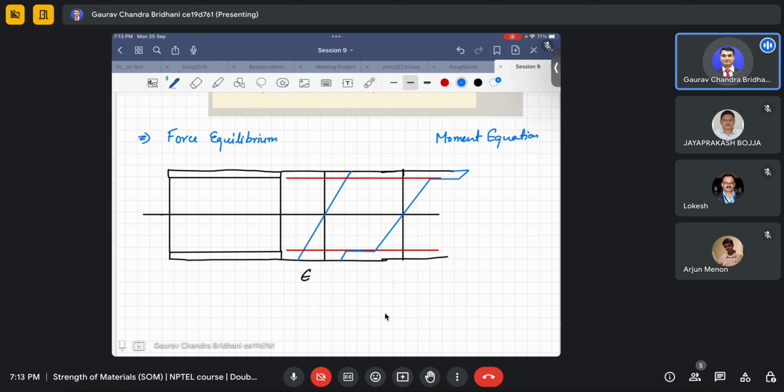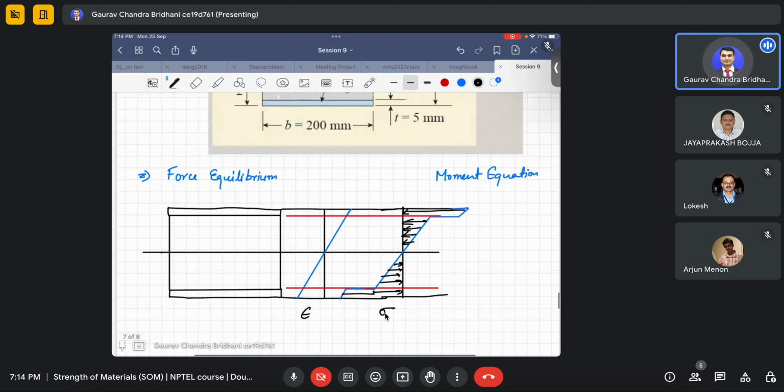So this will be the variation of stress, and this will be compressive here like this, and will be tensile here like this. This is for stress.